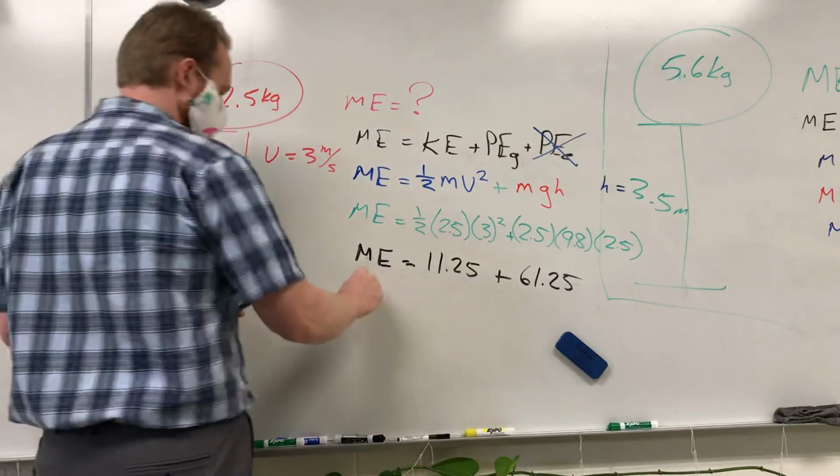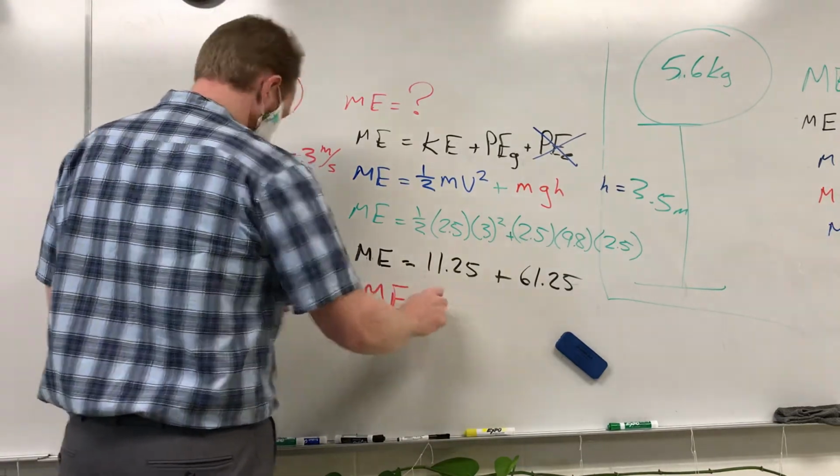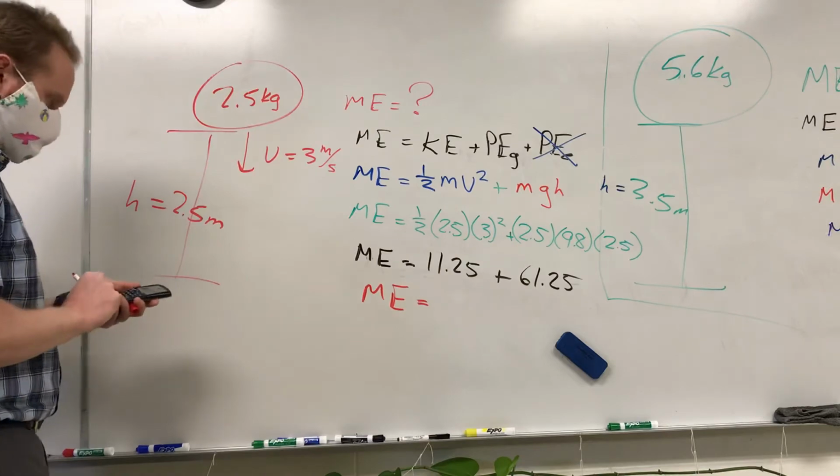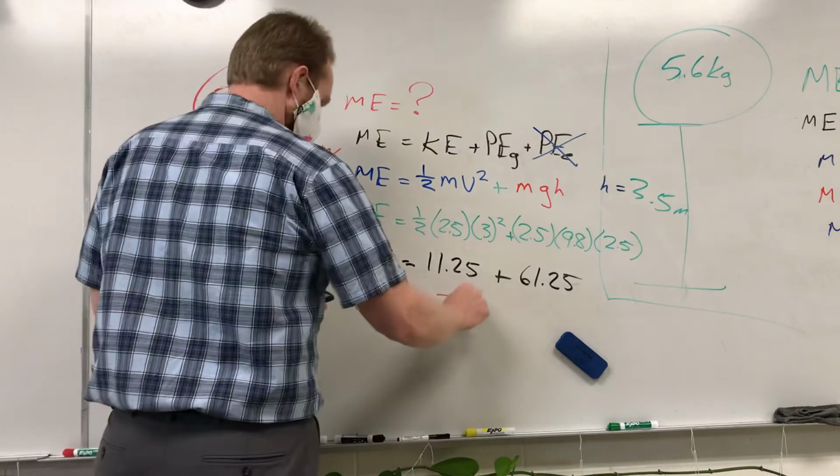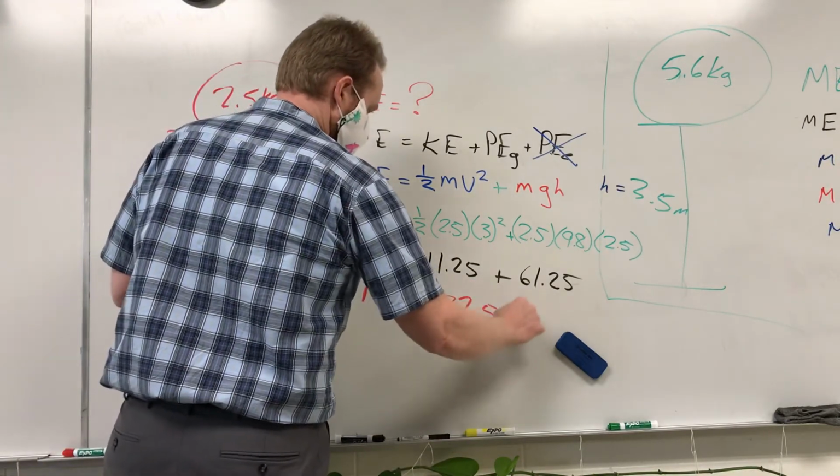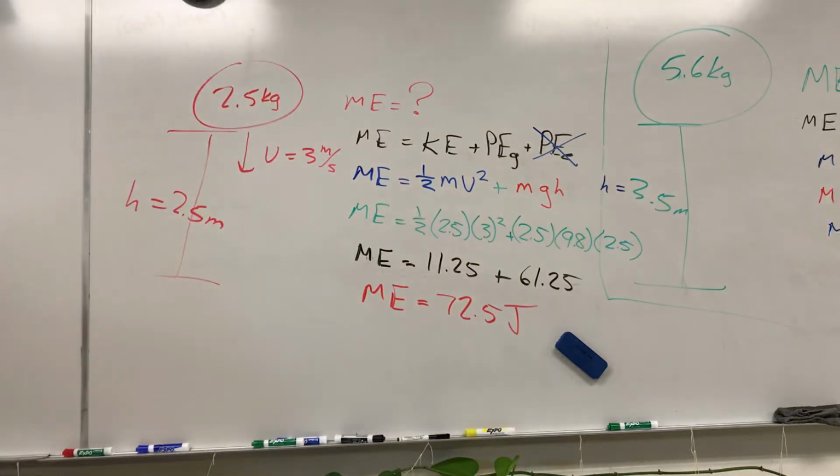Well, we add those two numbers together and we get a value of 72.5 joules. This mechanical energy has two types of energy: kinetic and gravitational.